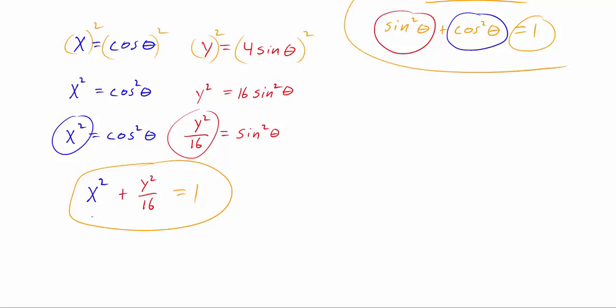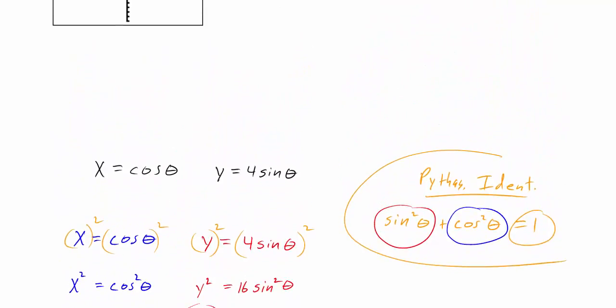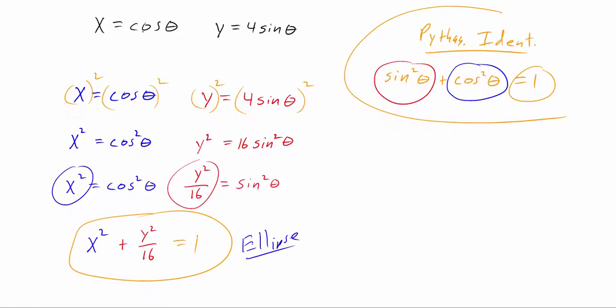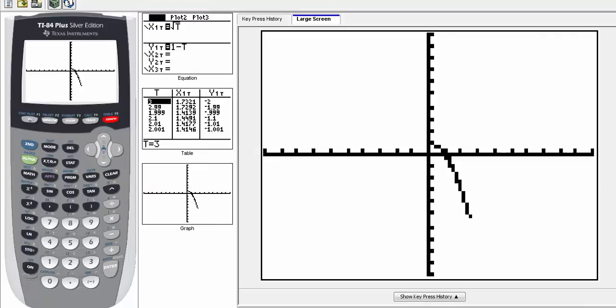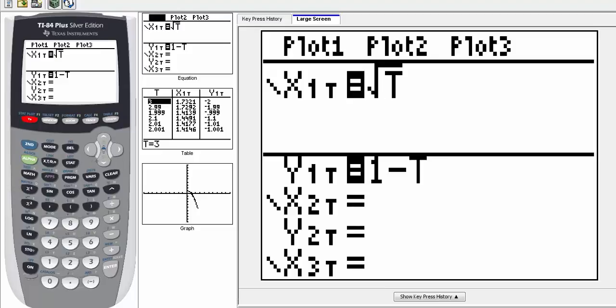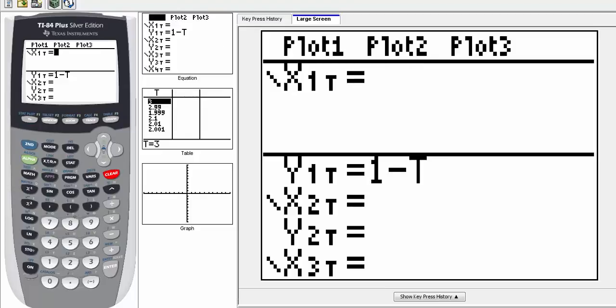And do you remember what this equation is the graph of? Well, let's see. If we have x squared plus y squared over 16 and it's equal to 1 because of the plus here, this should be the equation for an ellipse. So now let's see if we can verify that by going back here and graphing cosine theta and 4 sine theta in our calculator. So if we go back to our x equals, we're going to type in cosine theta.